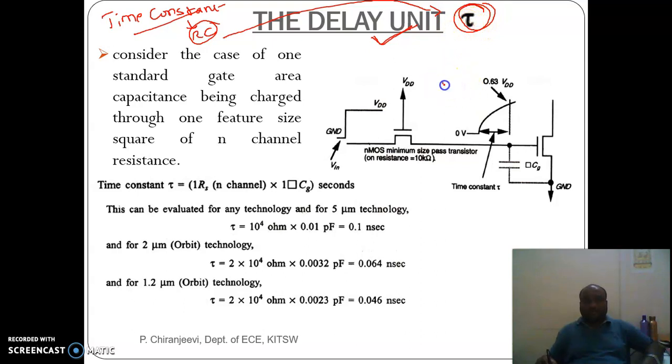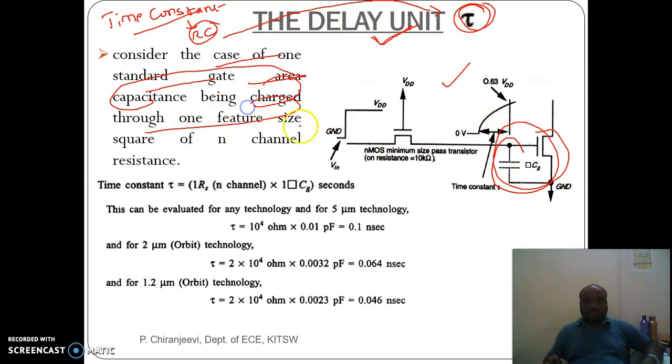So consider the circuit shown here. This is the case where one standard gate area capacitance is being charged through one feature size square of n channel resistance. This is the n channel resistance of one feature size.